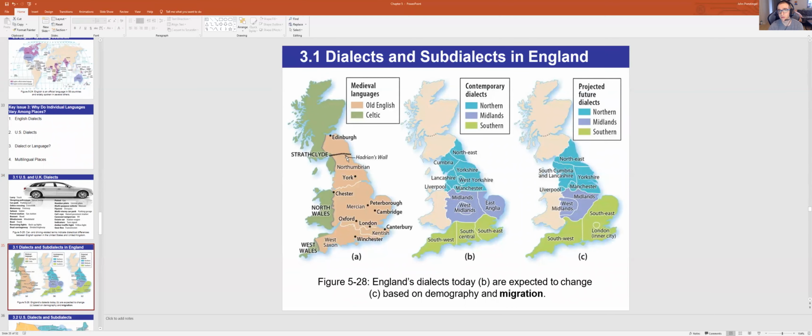And so 3.1, right, is dialects and subdialects within England. And so we see here on the left, medieval languages. So Old English and Celtic, right? So Old English is predominantly through the bigger island of the UK and on the east. And as you move into Wales and the north, it's Celtic. Now, within that, right, we have regional dialects that vary.